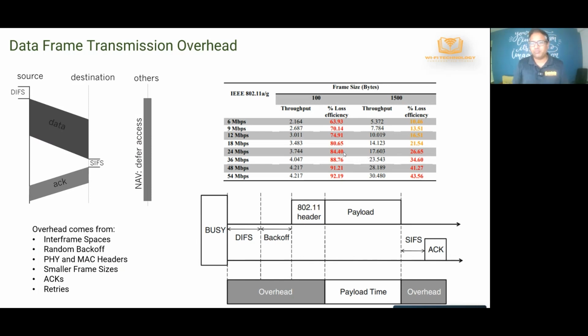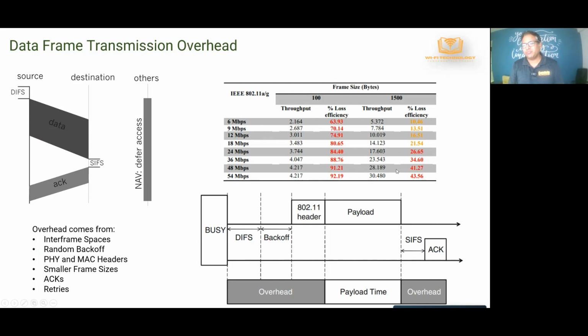But if you look at the frame sizes, these are 5 different data rates. If you're sending a 100-byte frame data payload, and what happens if you're sending a 1500-byte frame, right? If you're sending a 100-byte frame, when you're transmitting at the 54 Mbps data rate, your actual throughput would be only about 4 megabits per second. That means you have 92% overhead.